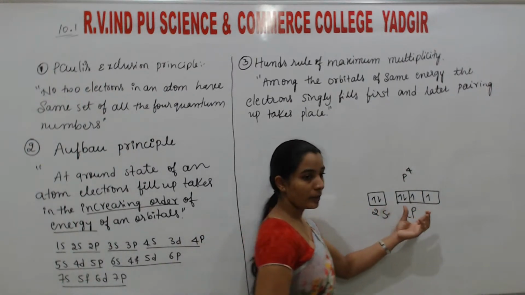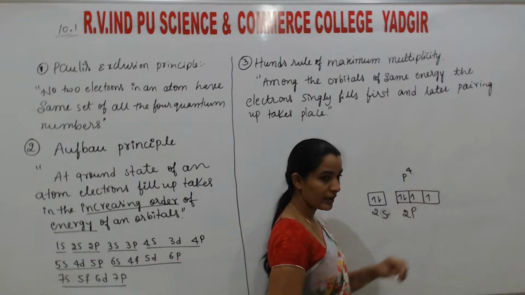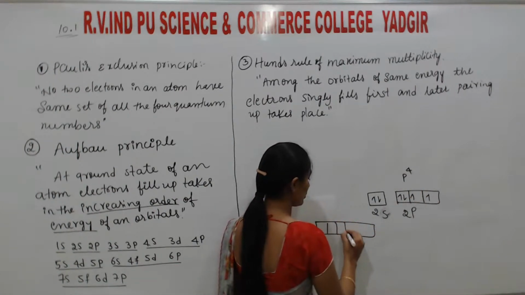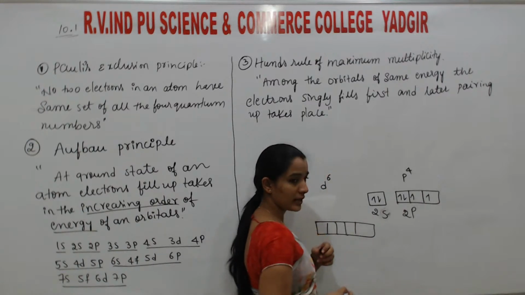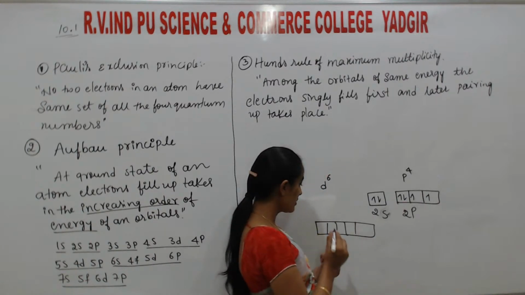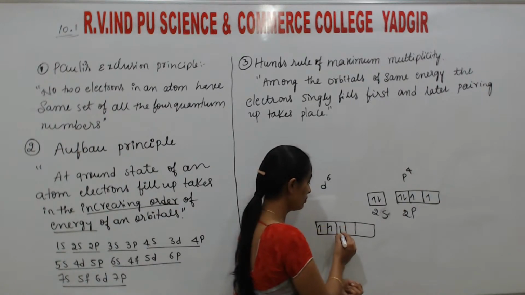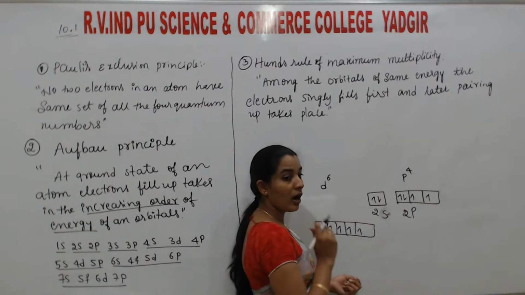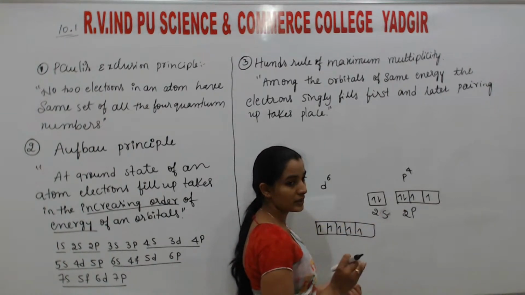If the orbitals have the same energy, like px, py, pz, similarly if you take d orbitals 1, 2, 3, 4, 5, and assume 6 electrons are there in d. In this d6, initially 1, 2, 3, 4, 5, all the orbitals are filled up singly first.